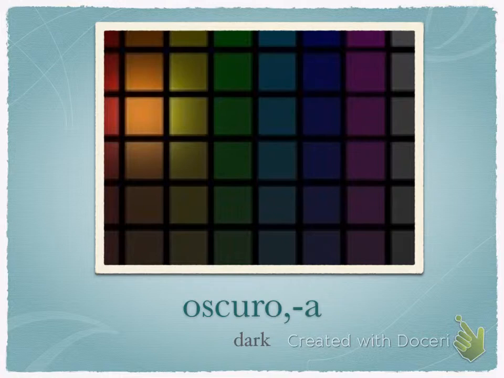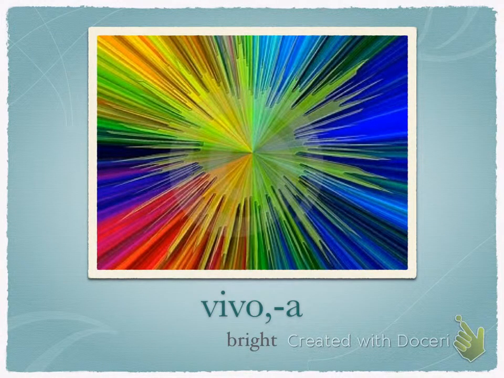Again, this is an adjective, so it must agree in gender and number with what it's describing. So that's why there's the masculine and the feminine. Bright, vivo o viva. Again, another adjective, so don't forget, it has to agree there.